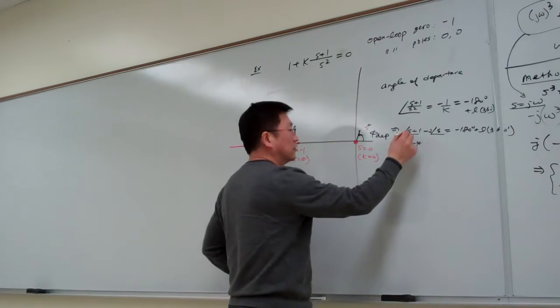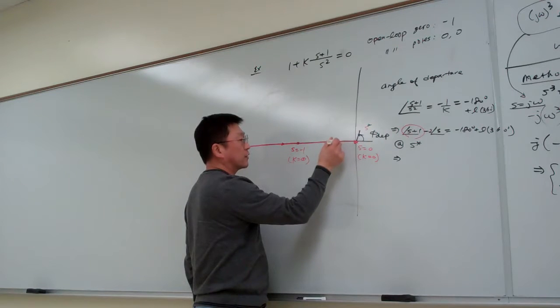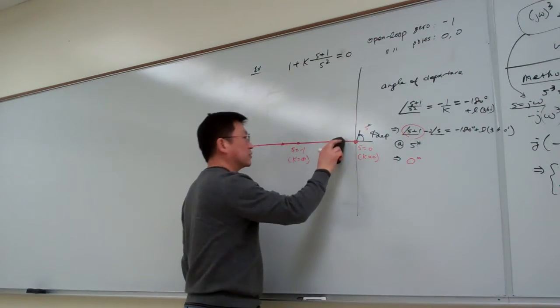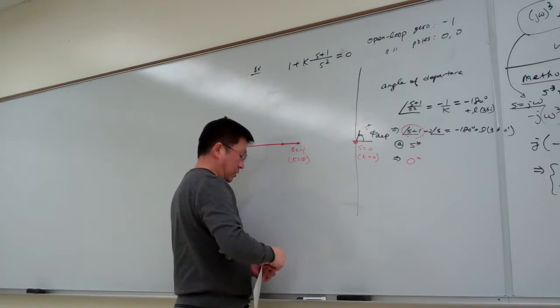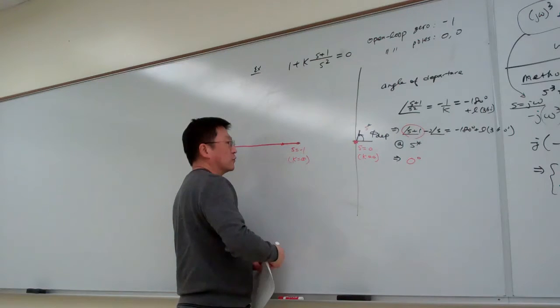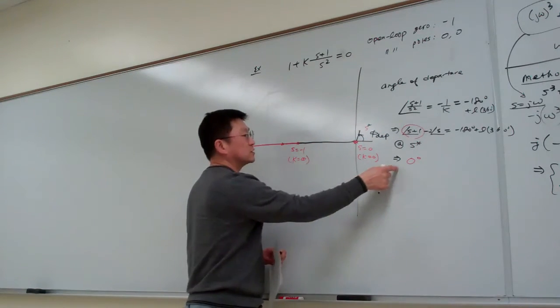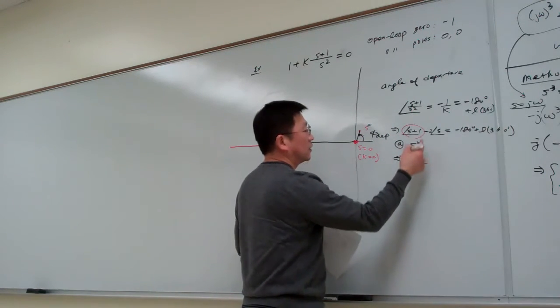This angle is determined by simply this one, right? So that vector equals 0 degrees. I shouldn't use the red one because for my color notation, the red color is for locus. Okay, so that is 0 degrees, and then minus this one.